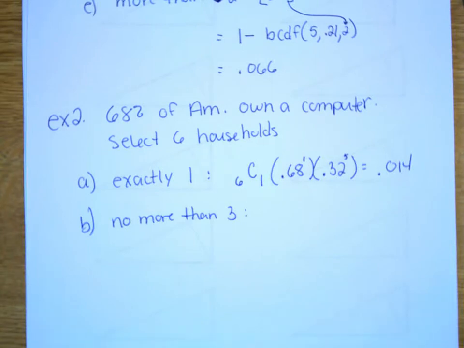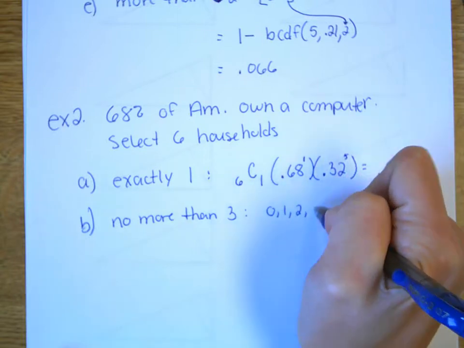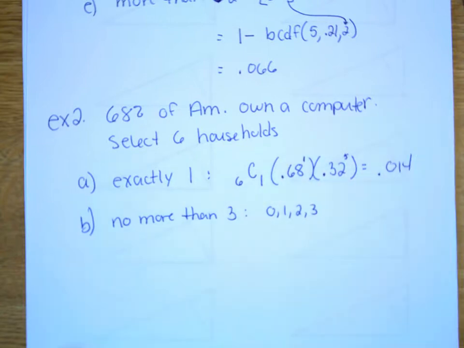What does no more than 3 mean to you? 0, 1, 2. It's usually that last one. Do I include it or do I not? No more than 3. Do I keep the 3 or throw it away? Keep it. So I'm looking at 0, 1, 2, and 3. I want those 4 probabilities added together.